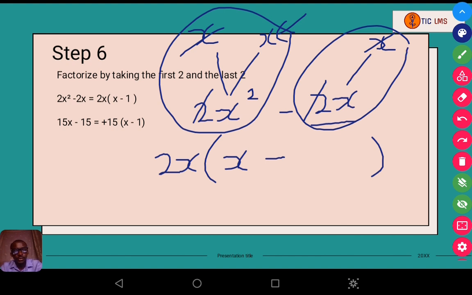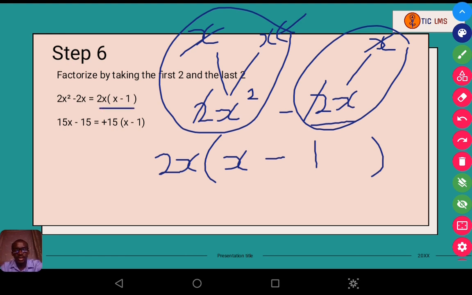Because you've taken out the 2 and you've taken out the x. So when there's nothing left, you are not expected to write 0. No, you are expected to write 1. So whenever you have factorized and then there's nothing left there, what you should replace it with is 1. Please, not 0. And that is exactly what you have written here.